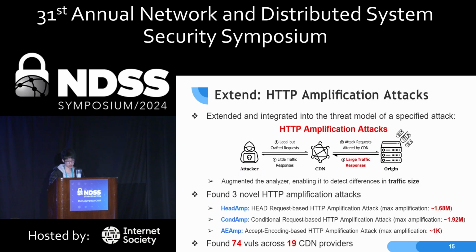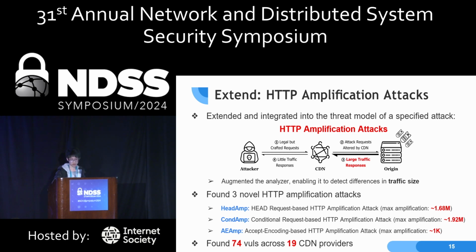The first thing that came to our mind is HTTP amplification attacks. We extended ReqsMiner, enhancing the analyzer by embedding it to detect differences in traffic size. After the new experiment, we found 3 novel HTTP amplification attacks, including HeadAmp, ConTamp, and AAMP.